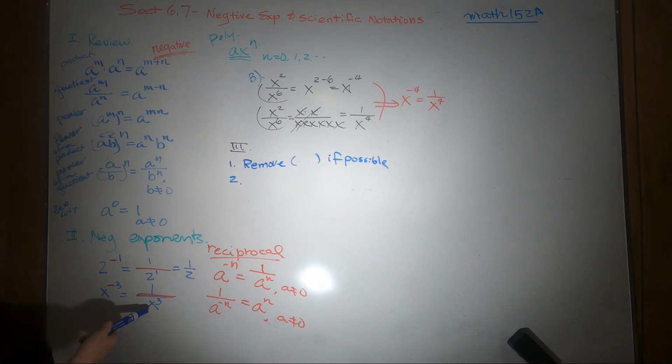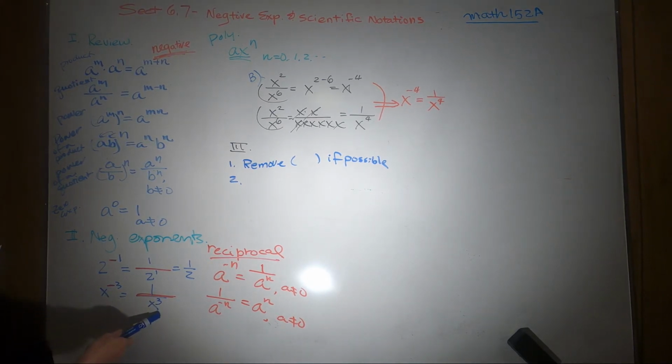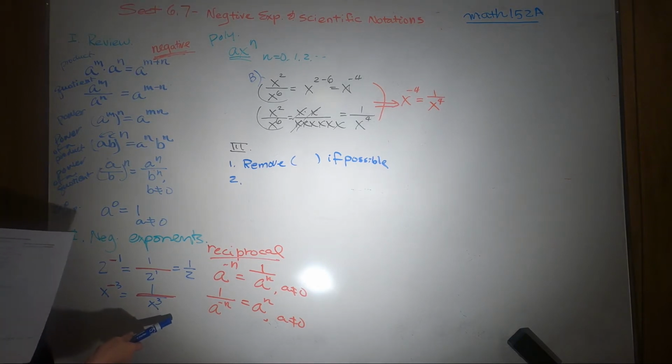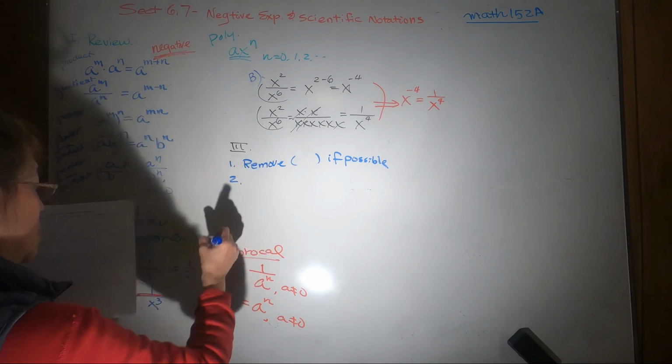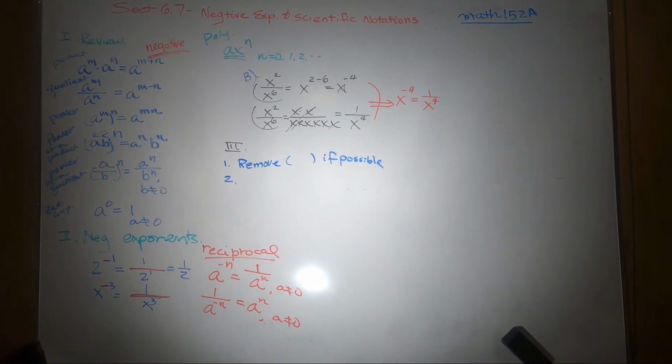At least we know x to the third means what? You multiply x 3 times. It will make more sense if we write it in positive exponents. Okay? So when we simplify, we want to do it this way. Let's see some examples first before we write down the steps, how we usually do it.